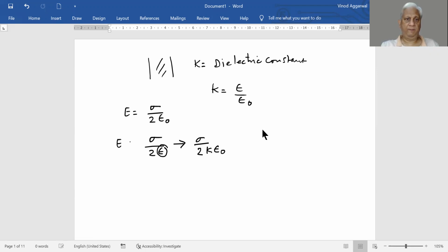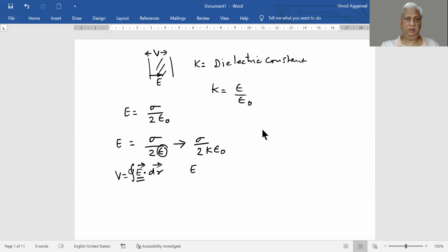This is our E. Now, if we take this parallel plate conductor, we have found the value of E, and what will be the voltage difference between the two plates? We know that voltage is equal to the integral of E dot dr. Since E is constant, we can take E outside, and dr and E are parallel to each other.